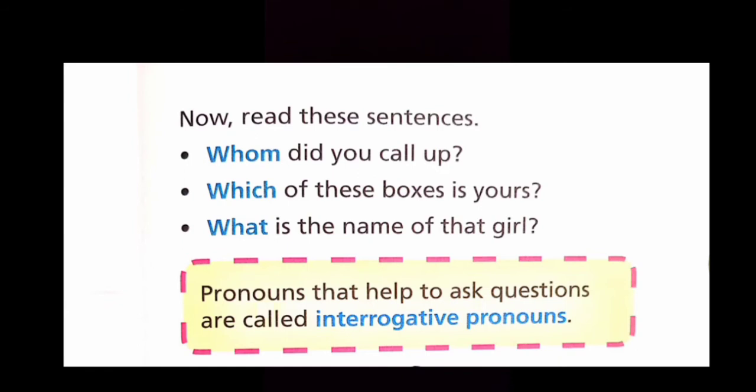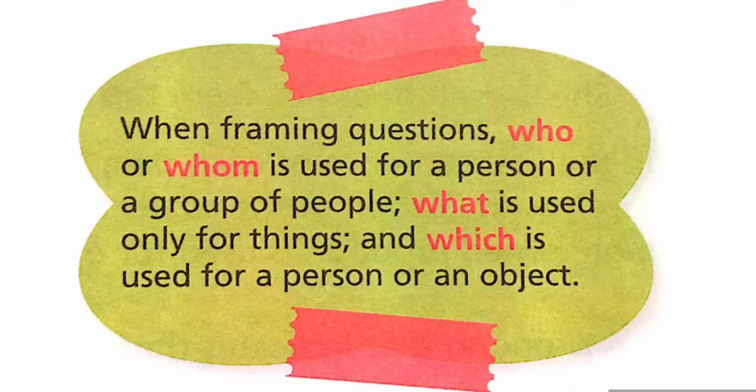Whom, which, what are the examples for interrogative pronouns. When framing questions, who or whom is used for a person or a group of people. What is used only for things and which is used for a person or an object.